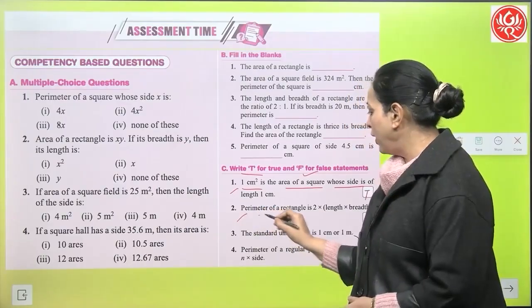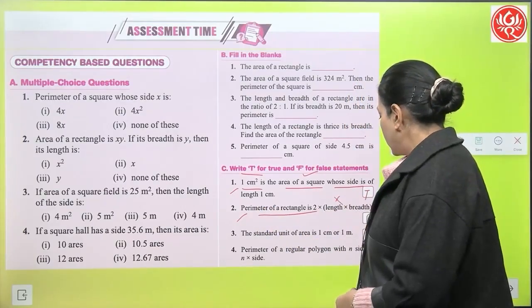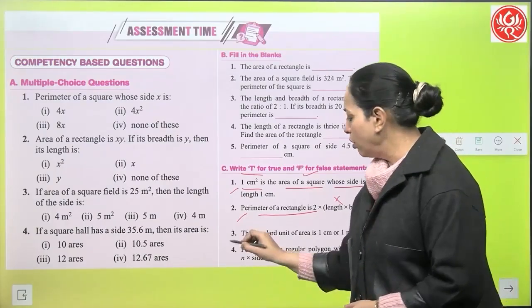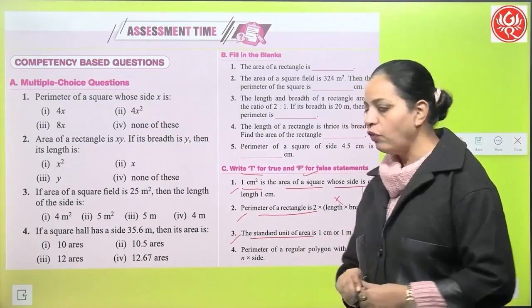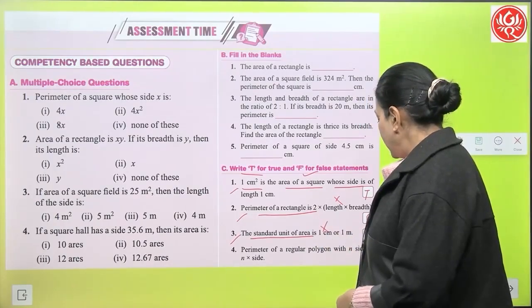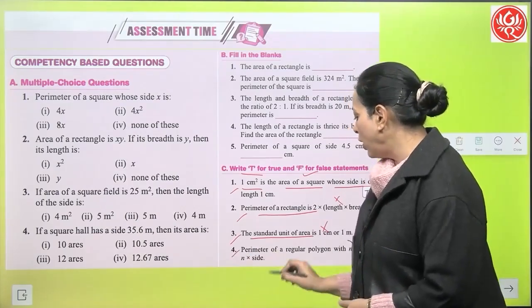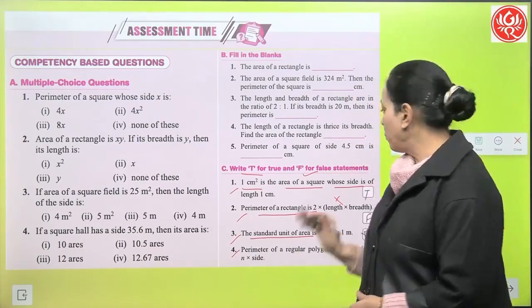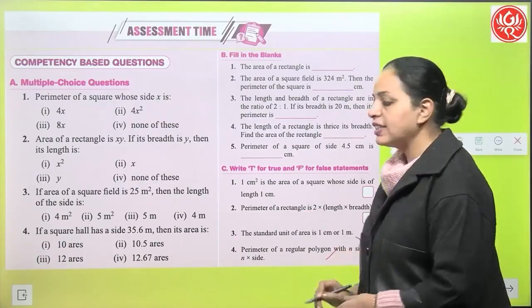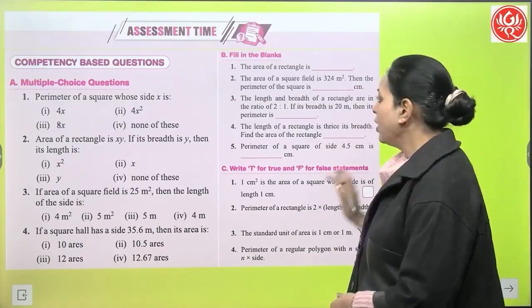The second one, perimeter of rectangle is 2 into length into breadth. No, this is false. The third one, the standard unit of area is 1 centimeter or 1 meter. No, 1 centimeter square or 1 meter square. The fourth one, perimeter of a regular polygon with n sides is n into side. So this is true. Okay.